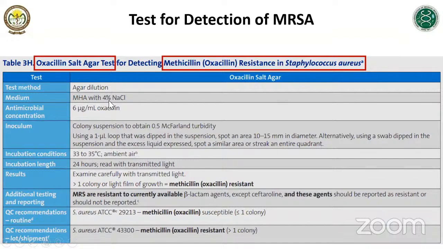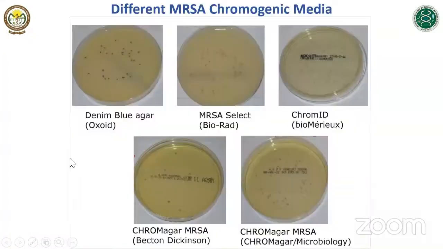So we don't use the disc diffusion, we use the oxacillin screen agar. Again, in this case, the incubation is done for 24 hours, and it is read with transmitted light. Whenever you are suspecting heteroresistance, you have to look at finer colonies and the small colonies which are growing. That is why we have to use the transmitted light and not the reflected light.